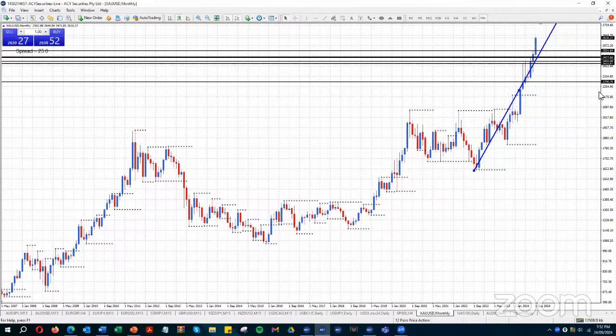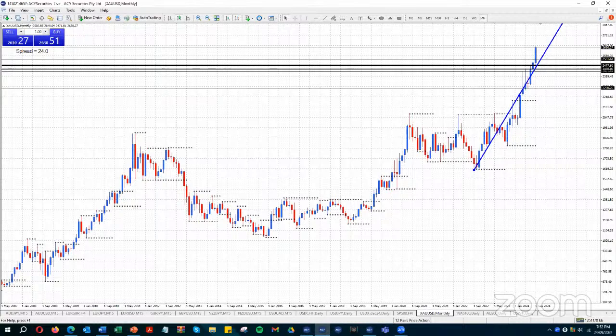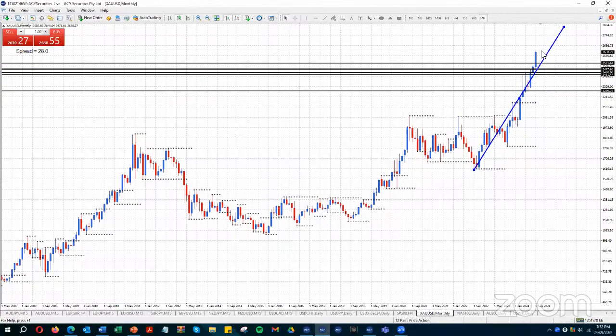So we've still got a little bit of way to go in comparison, but it may need like a month down, just a month down, because in this leg up here, you can see there's little pullbacks before moving back up. It's had no pullback in, I don't know, 1, 2, 3, 4, 5, 6, 7 months. It's due a pullback. So if you get caught at the top, you've only got yourself to blame.